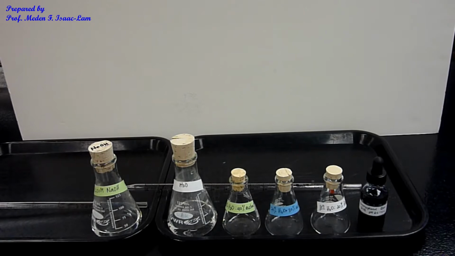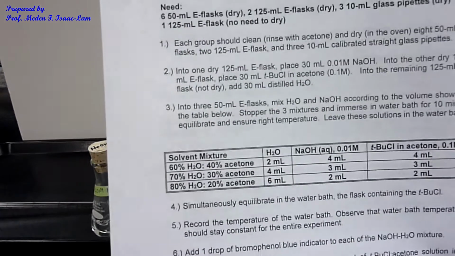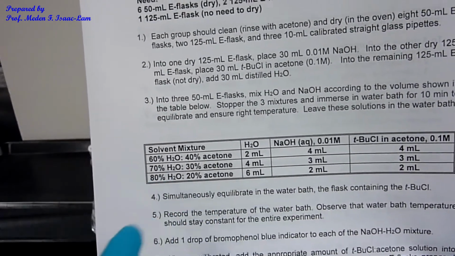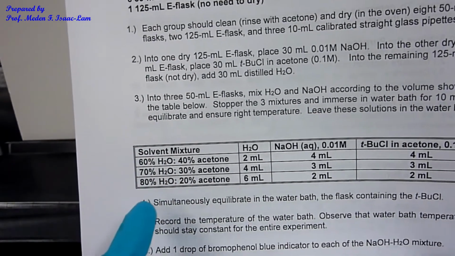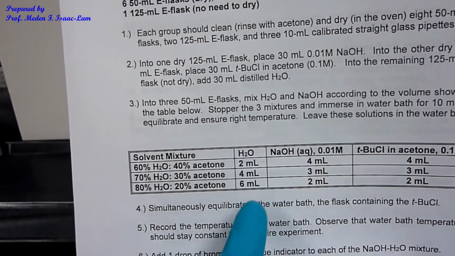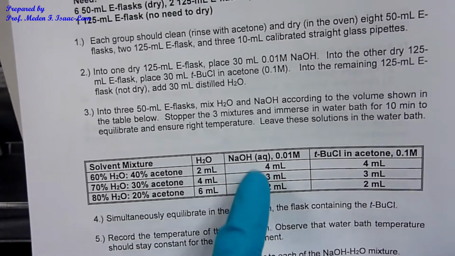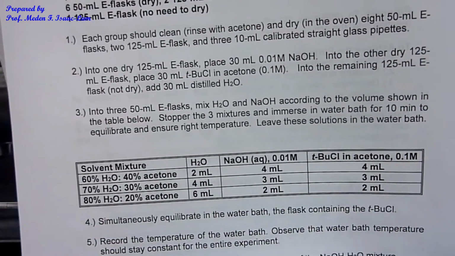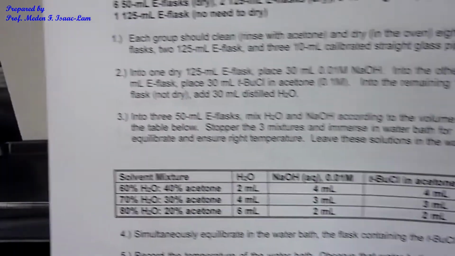But first of all, we are going to follow the table. In this table, the first column has the solvent mixture, and then the volume of the water, volume of sodium hydroxide, and volume of tert-butyl chloride in acetone.